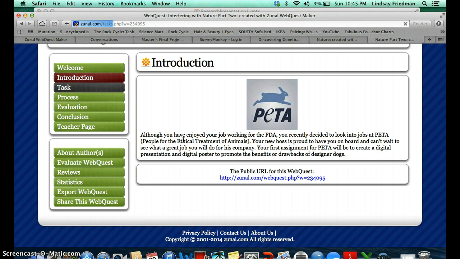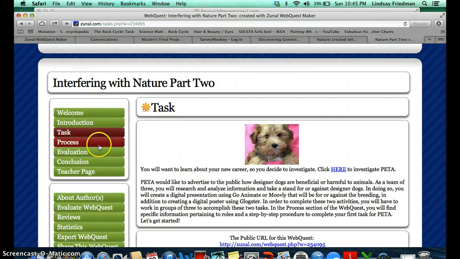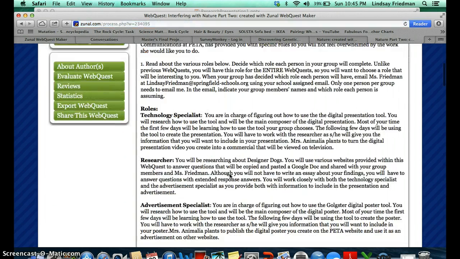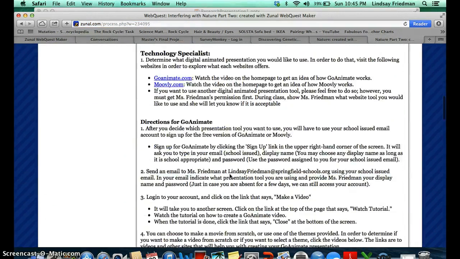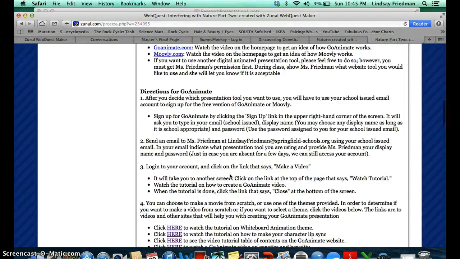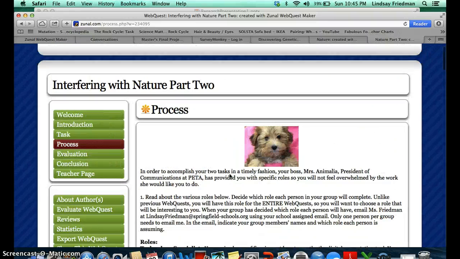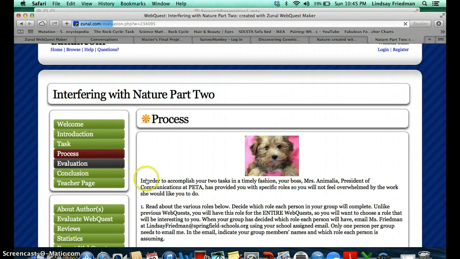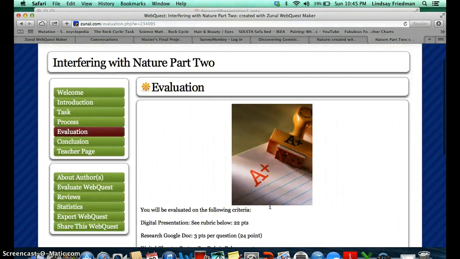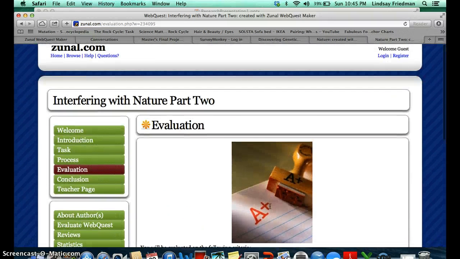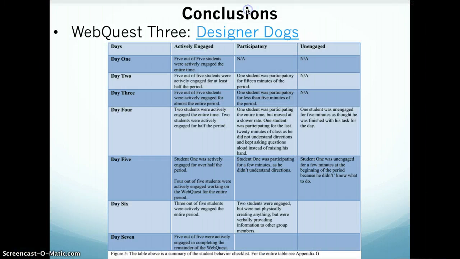So they had to research what it meant to be a designer dog. They had to figure out whether it was humane or not based on the information provided. And then they had to create a digital project that promoted or demoted the use of designer dogs. And again, it also has an evaluation, conclusion, and teacher page.